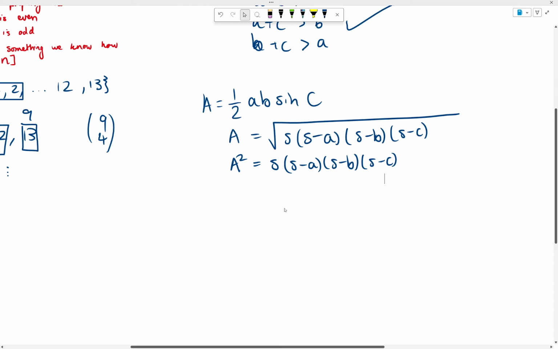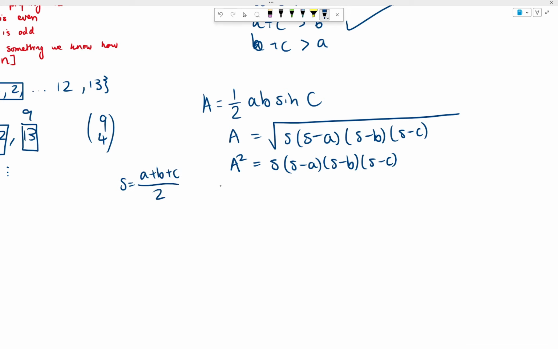And I'm going to substitute in that s is equal to (a plus b plus c) over 2.